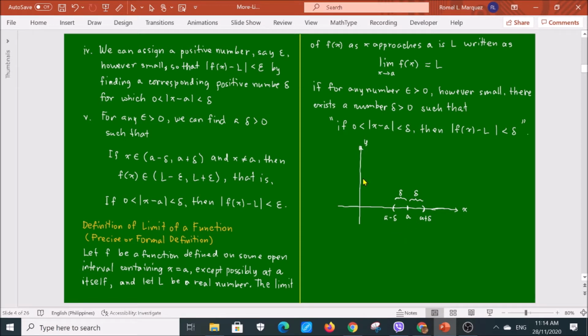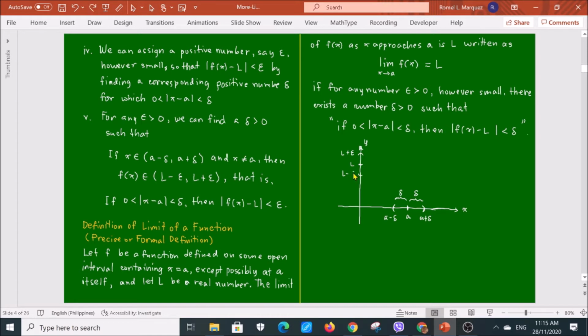And then corresponding to this, let's say this is L. There is also an interval containing L such that at the upper end we have L plus epsilon, and here L minus epsilon.